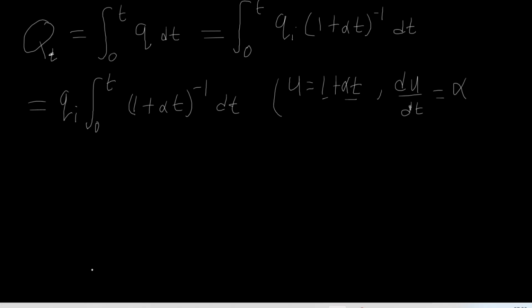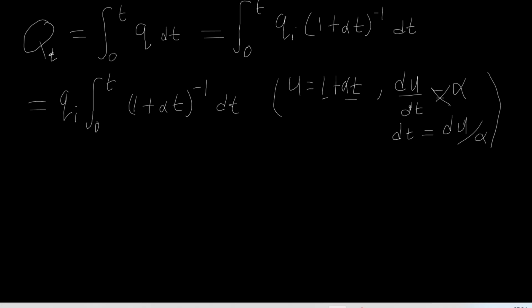Now we want to express this in terms of dt. If we cross multiply, we have that dt is simply du over alpha. So let's continue.